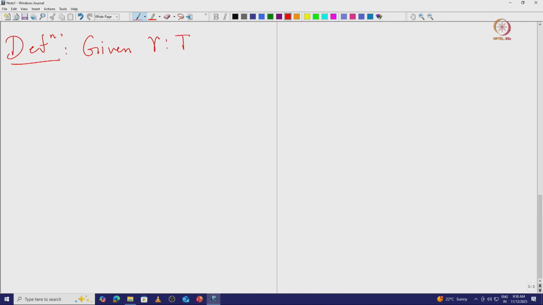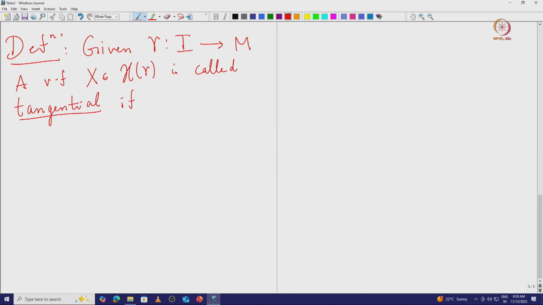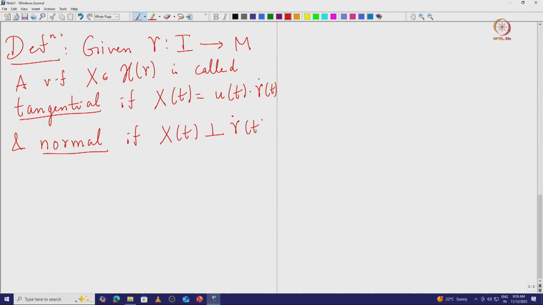Given a curve, not necessarily a geodesic, a vector field X along it, a smooth vector field let us say, is called tangential if at each point X is given by a scalar multiple of the velocity vector, and it is called normal if at each point X of t is perpendicular to the velocity vector.